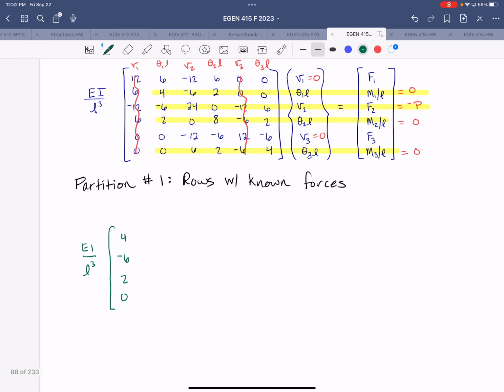Second column, negative 6, 24, 0, 6. Third column, 2, 0, 8, 2. Fourth column, 0, 6, 2, 4.